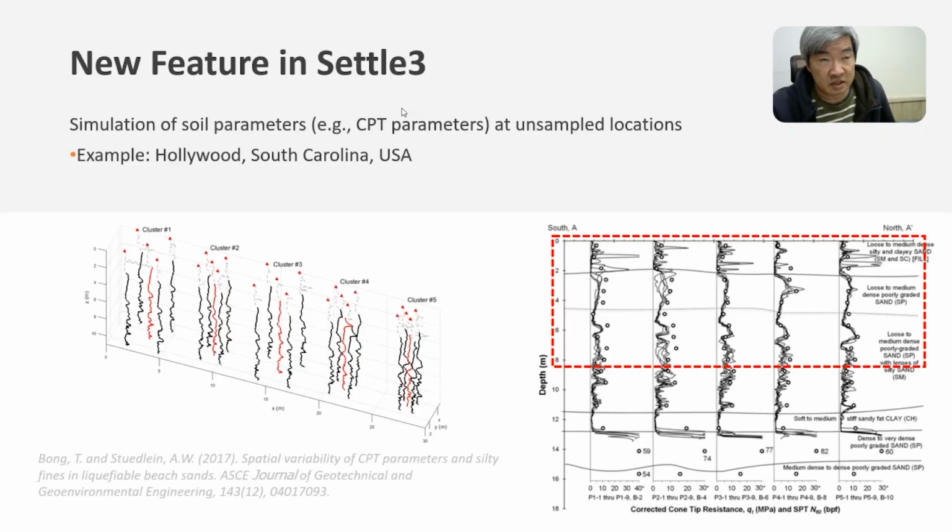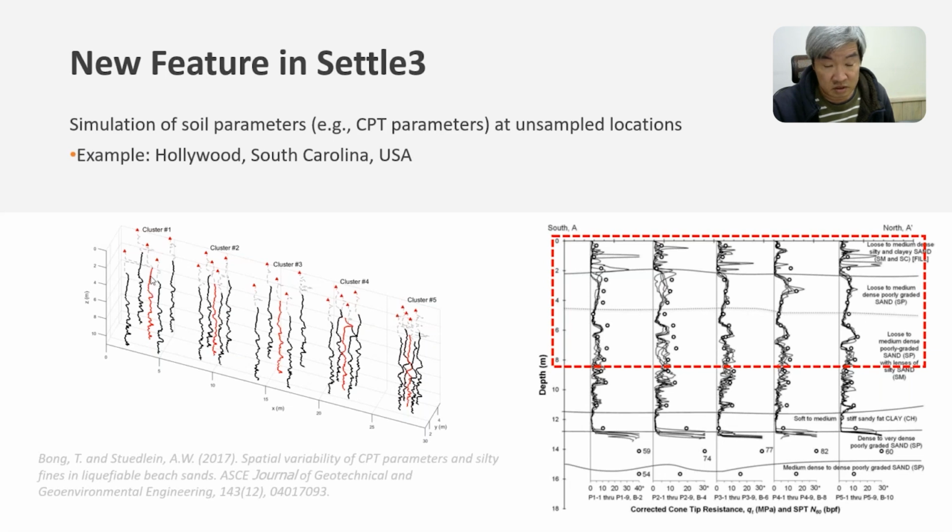Throughout this technical background, I will use this very simple example to demonstrate the new feature in Settle3. This is a Hollywood site in South Carolina in the United States. At this site, there are 5 clusters of CPTs, and those are the 5 cluster CPTs. In each cluster, there are 5 CPTs.